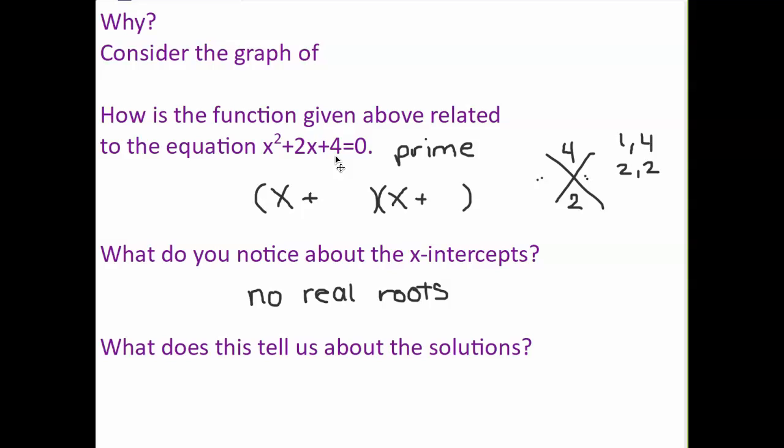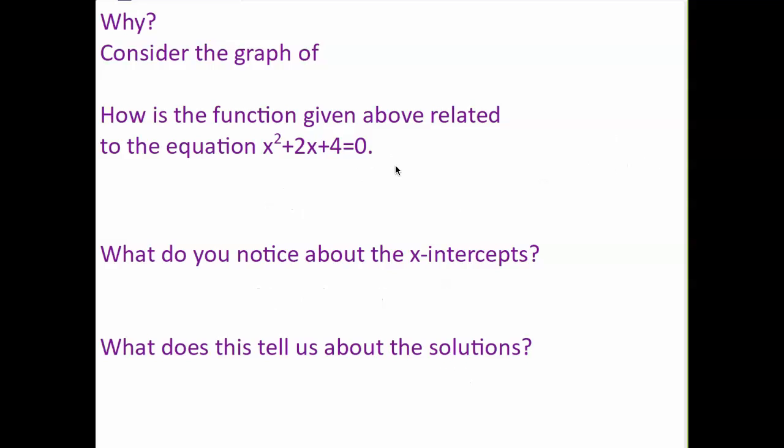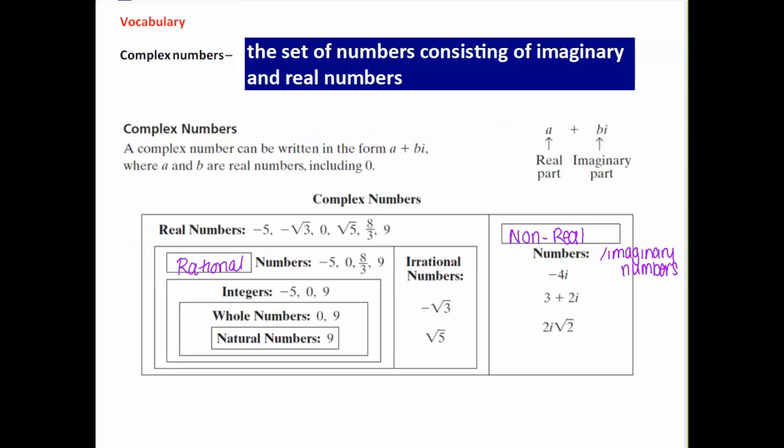So what does this tell us about the solutions? Well, there are none. It doesn't factor, it doesn't cross the x-axis, so there are no solutions. Well, there are no solutions in the real number system. We're going to talk about solutions that exist in the complex number system.